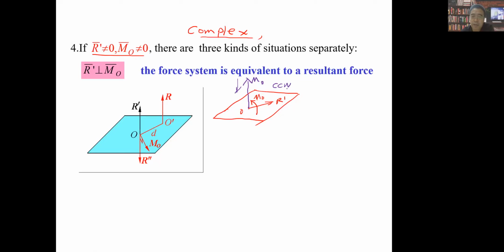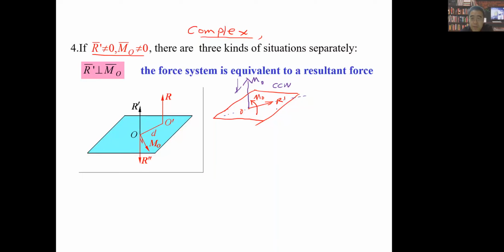Counterclockwise. So you will find it tries to make the object rotate around this direction. So actually this R prime is perpendicular to MO, because we use this vector direction to denote the direction of a couple. So that means we can do this. I think this will make it very easy to understand.